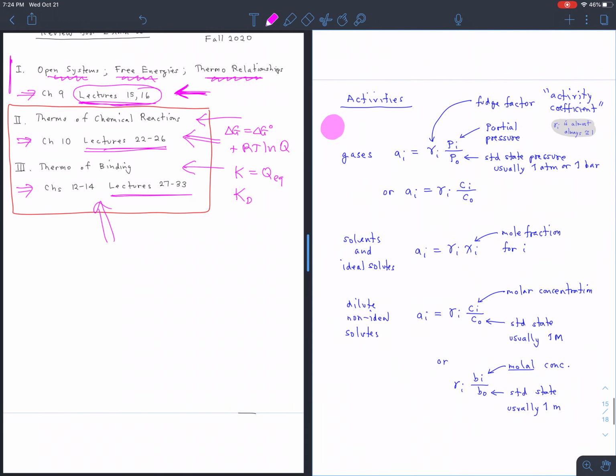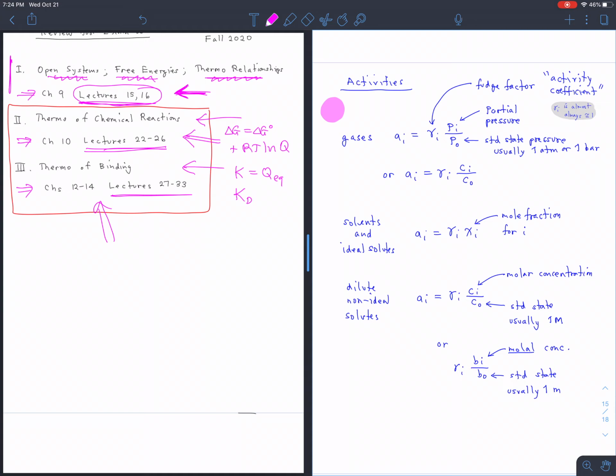Let's see, what else is there to say? Oh yes, the list of standard ways of writing the activity. So for gases, it's usually the ratio of the partial pressure of each gas over some standard state partial pressure, usually 1 atmosphere or 1 bar. Sometimes even for gases we use molar concentration, but that's more unusual.